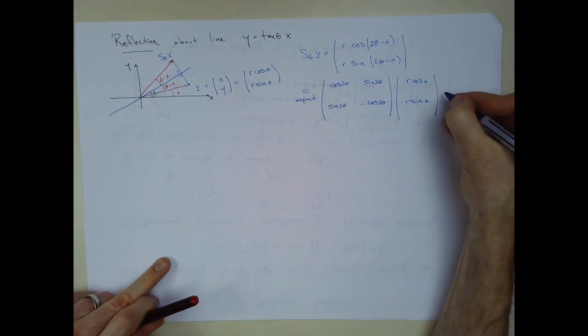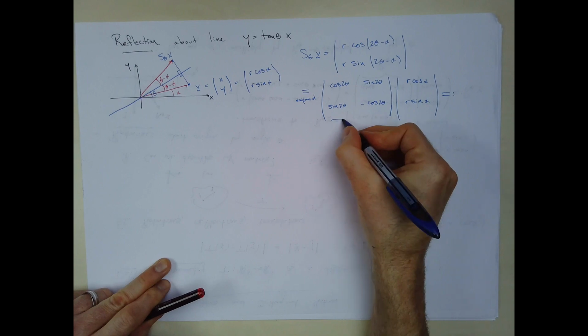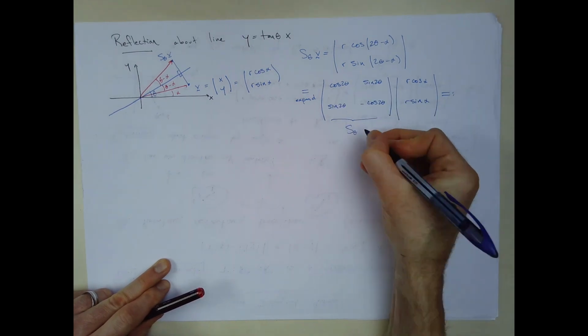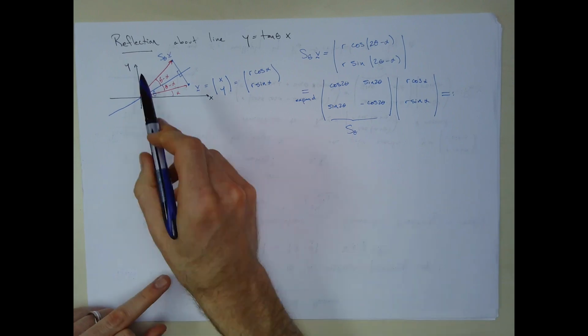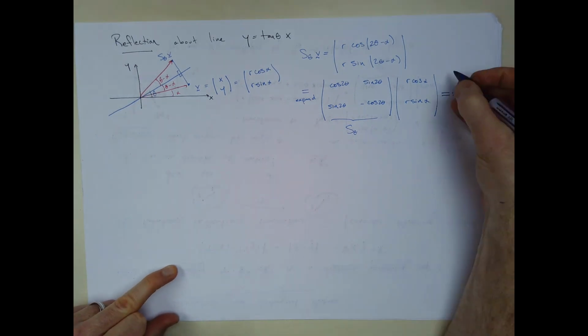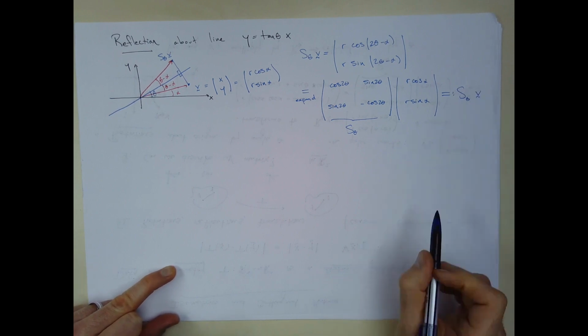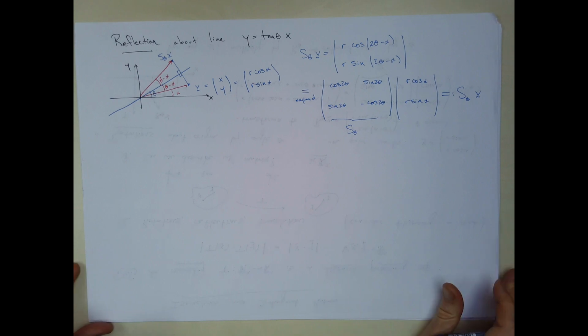And again, we'll define this as the matrix S theta. And so this reflection map is equivalent to multiplication by the matrix S theta times v.